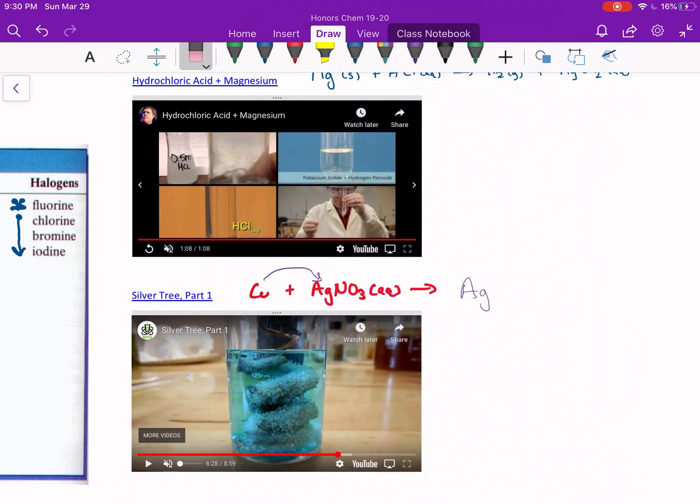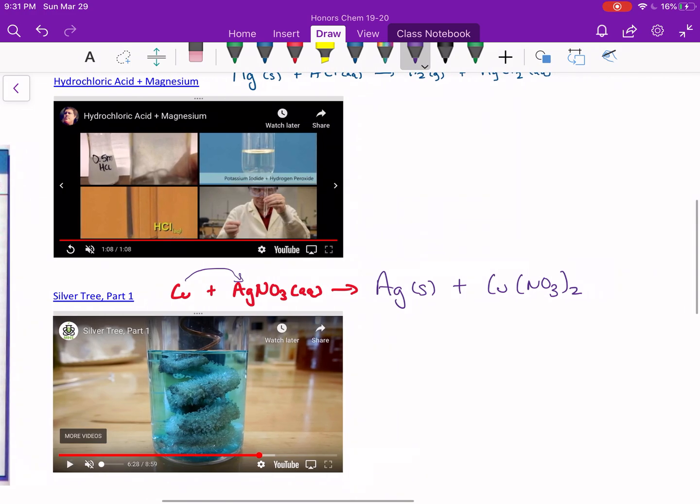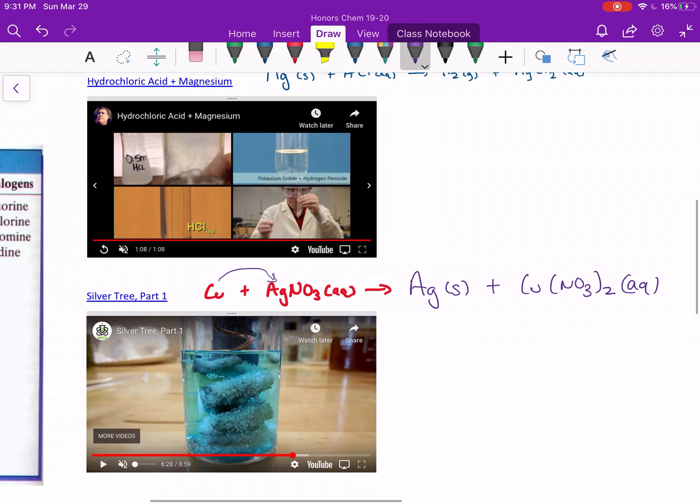Now Cu(NO3)2, so copper is going to form a +2 charge here, even though it's a transition metal. I know that it's going to form that, right?